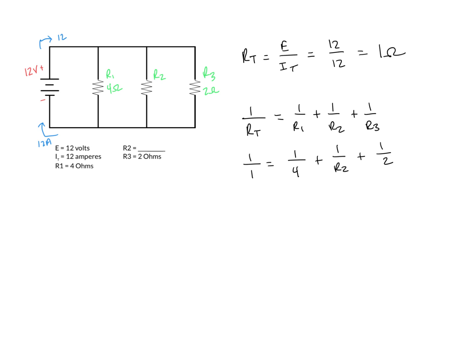What I would want to do in this case is to subtract the quarter and the half from this side, right? So I'm going to subtract 1/4, and I'm going to subtract 1/2, and I've got to do the same thing on this side. I'd have to subtract 1/4 and 1/2, which would leave me with 1/1, which was right here, minus 1/4 minus 1/2, those coming from right here, right?